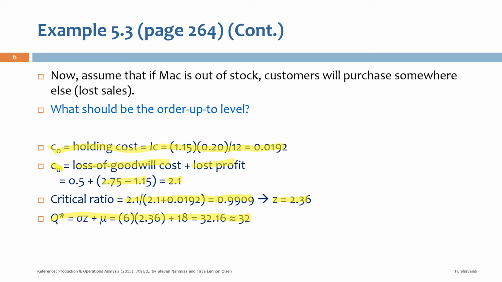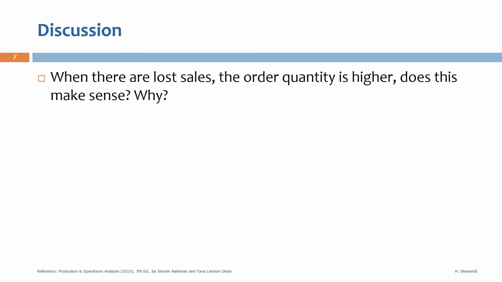Okay, so the reason here is that in the lost sale case, the CU is greater than the CU in the back ordered case, right?